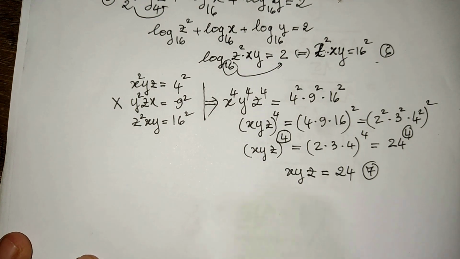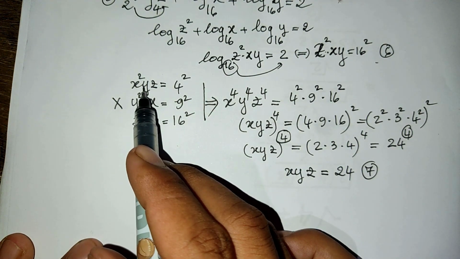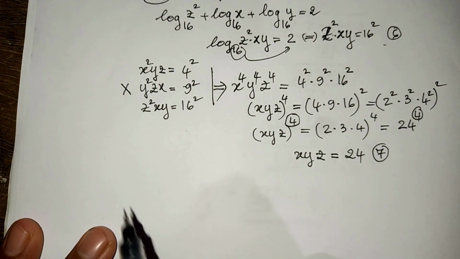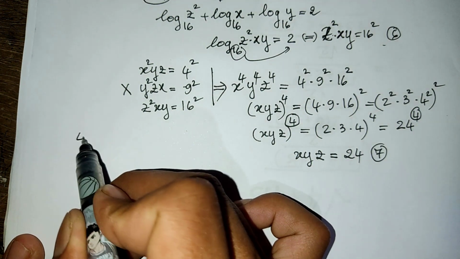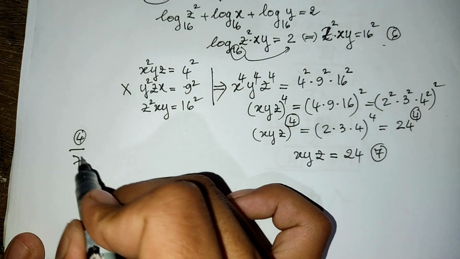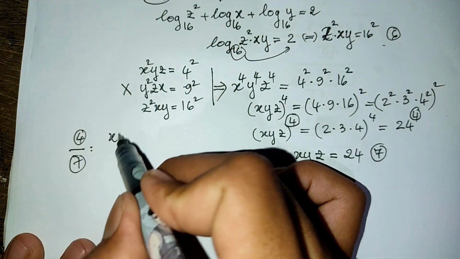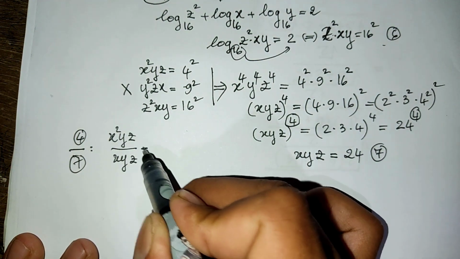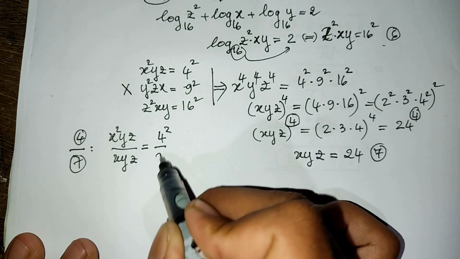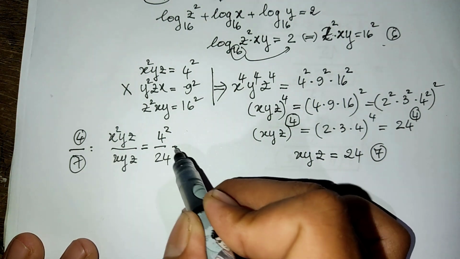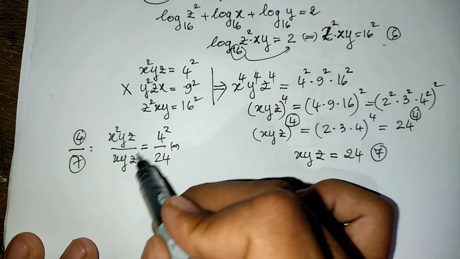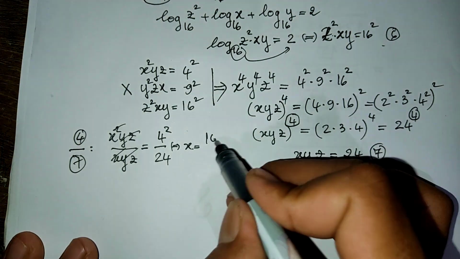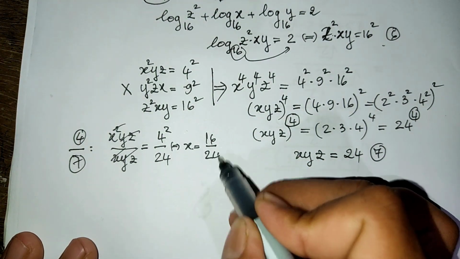Now for x squared y z equals 4 squared, we divide by the seventh equation: x squared y z divided by x y z equals 4 squared divided by 24. Simplifying, we get x equals 16 divided by 24.